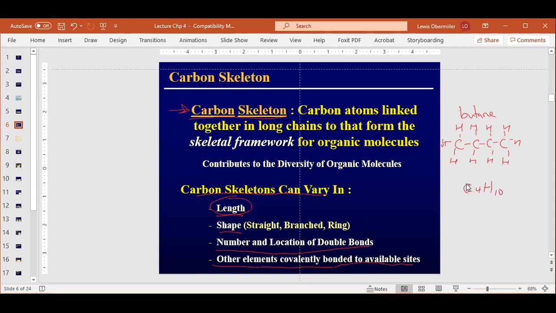You guys can count them up and double check me, but it's C4H10. But I could also draw it like this. And then I fill it up. One, two, three, 4 for that carbon. And then this one.